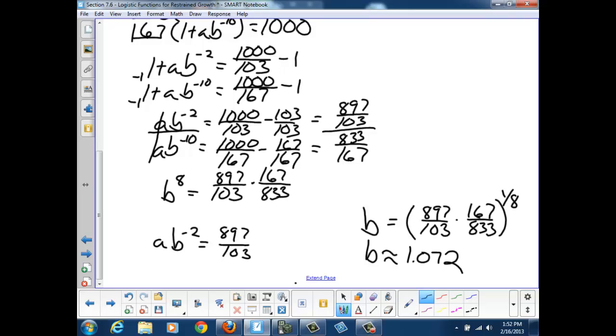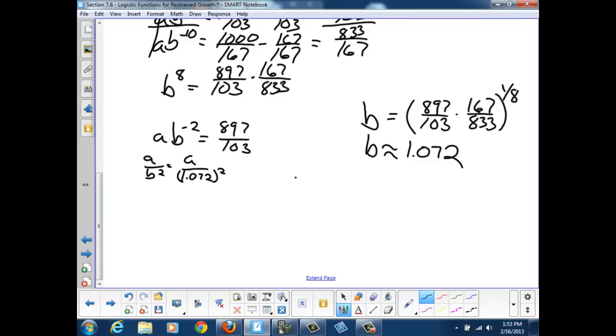But I know that b is now 1.072, so a over 1.072 squared is going to be 897 over 103. So a is going to be 897 over 103 times 1.072, or b squared.